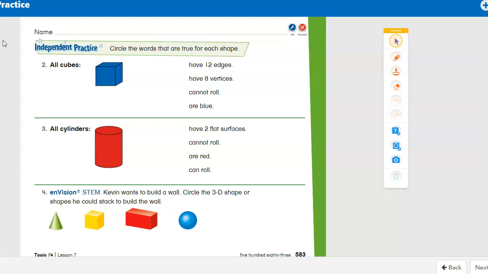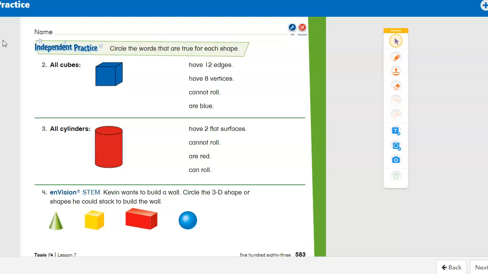We are just doing exactly what we did with our cone on the last page. It just wants us to circle the words that are true for each shape. Our first shape is a cube, but it says the words all cubes. This is very important. These statements are saying that every single cube has these things. So when you're looking at the statements, I want you to think, do all cubes have this, or do only some cubes have this?